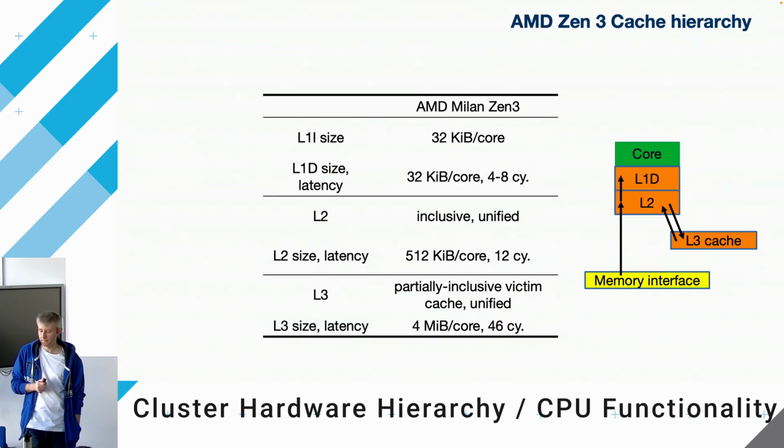And then the memory interface. So if your request goes to the memory interface, then it's quite slow. And the L3 cache is then shared between the cores, but the L1 and L2 cache are private to each core.